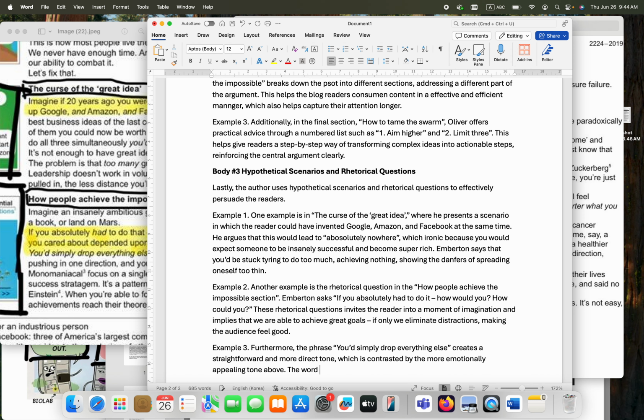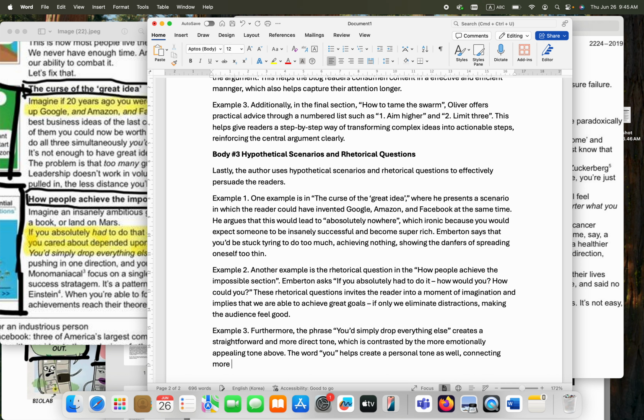The word you helps create a personal tone as well, connecting more directly with the reader.